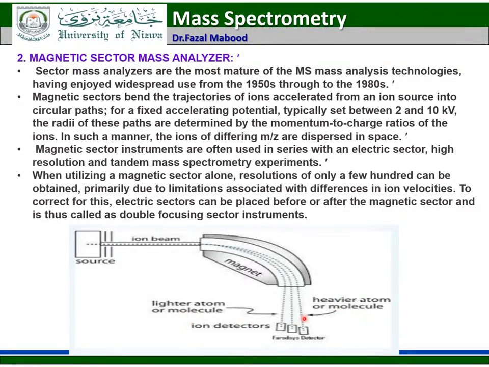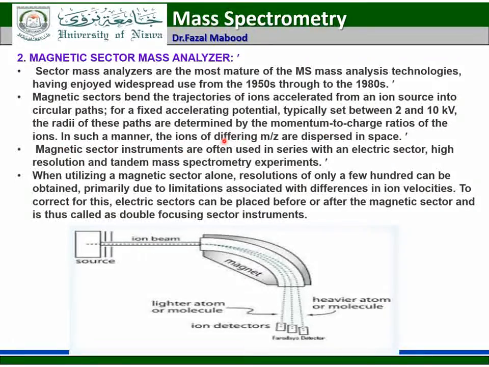Magnetic sector mass analyzers are the most mature of the mass analyzer technologies, having enjoyed widespread use from 1950 through the 1980s. The magnetic sector bends the trajectory of ions accelerated from an ion source into a circular path for a fixed accelerating potential, typically set between 2 and 10 kilovolts. The radii of these paths are determined by the momentum, the mass to charge ratio of the ions. In such a manner, ions of different mass to charge ratio are dispersed in space.